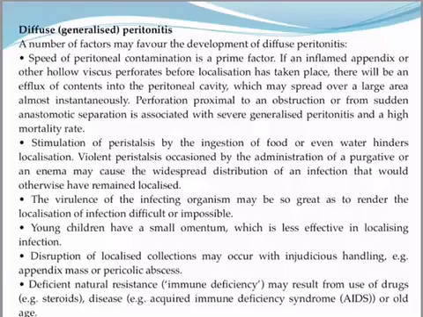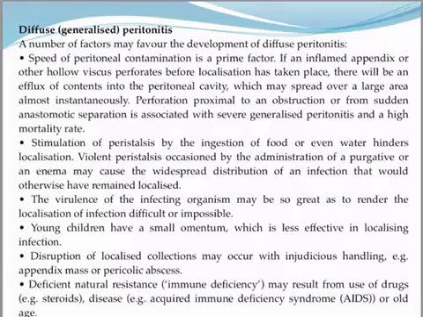For diffuse peritonitis, there are a number of factors that favor diffusion. One of them is the speed of peritoneal contamination. As we said, if one of the quadrants of the peritoneal cavity is overwhelmed with the spillage of peritoneal fluid, it will overflow to another one, and diffuse peritonitis will occur. So this is marked by the speed of peritoneal contamination.